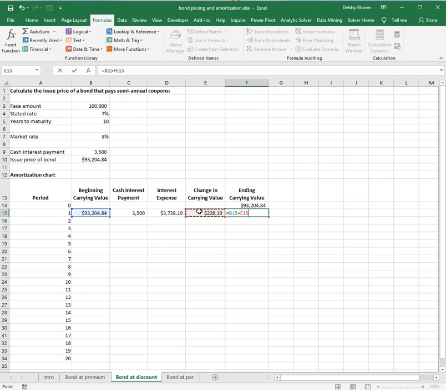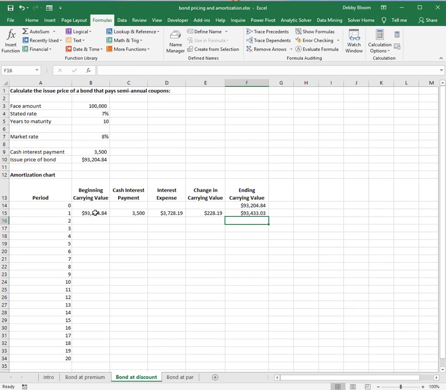I'm now all done with my amortization chart. All I have to do is copy all the formulas on row 15 all the way down to row 34. And once again, if I've done this correctly, the ending carrying value should exactly equal $100,000.